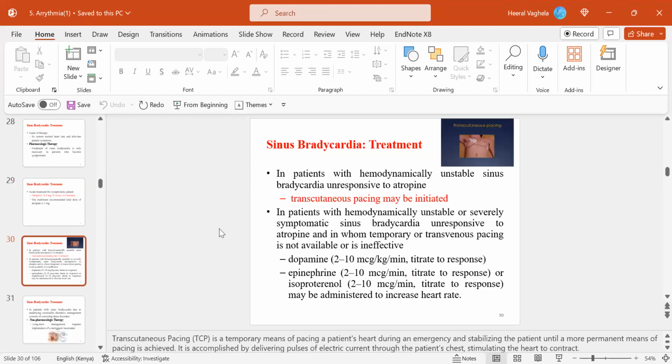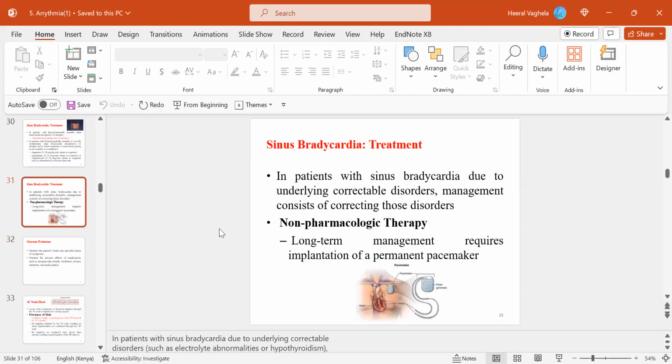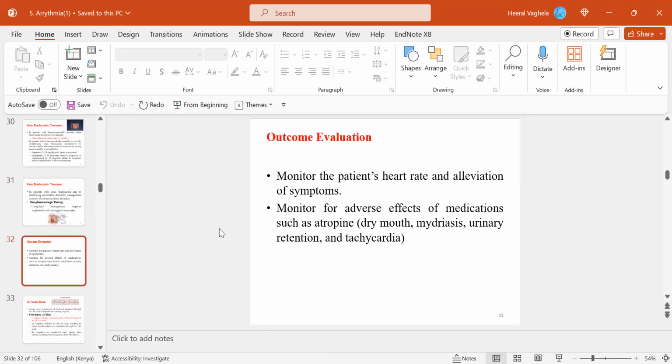And for non-pharmacological, that would be implantation of a permanent pacemaker because we know that it's the SA node that's not working properly. So these pacemakers give you the right initiation. Yeah. So that's just for sinus bradycardia.